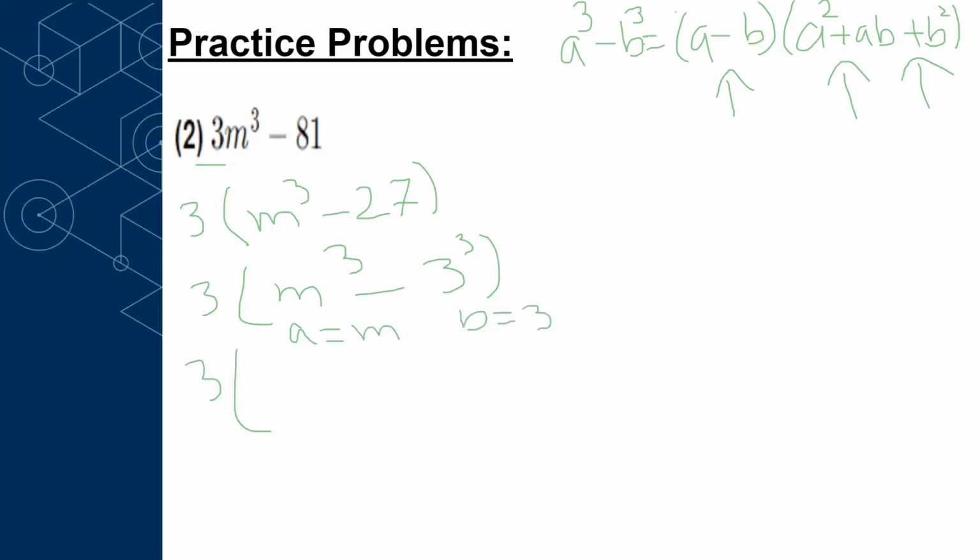Do not include the power, okay? So it's A minus B, which is M minus 3, and then A squared, which is M squared, plus 3M plus 3 squared, or 9. There. That's your final answer, including the 3 as the GCF.